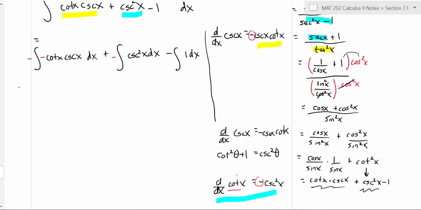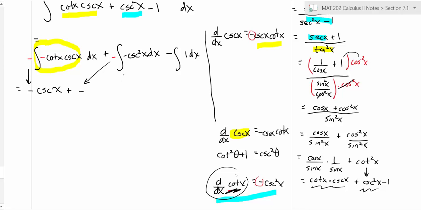So we're going to have negative. Okay, the value of this integral right here is going to be equal to the cosecant. So that's going to be negative cosecant x plus, then we got that negative that comes down, and then we know that the derivative of the cotangent is the negative cosecant squared.